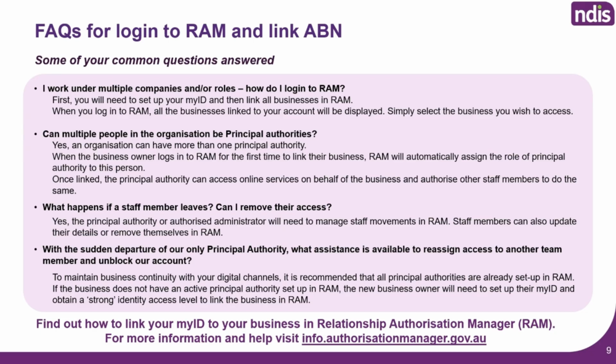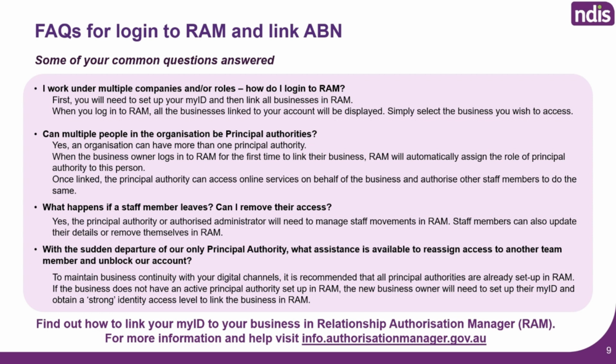Some of the frequently asked questions for logging into RAM and linking your business. I work under multiple companies and/or roles. How do I log into RAM? Once your myID is set up, the next step for business owners is to log into RAM and link their business or business's ABN.